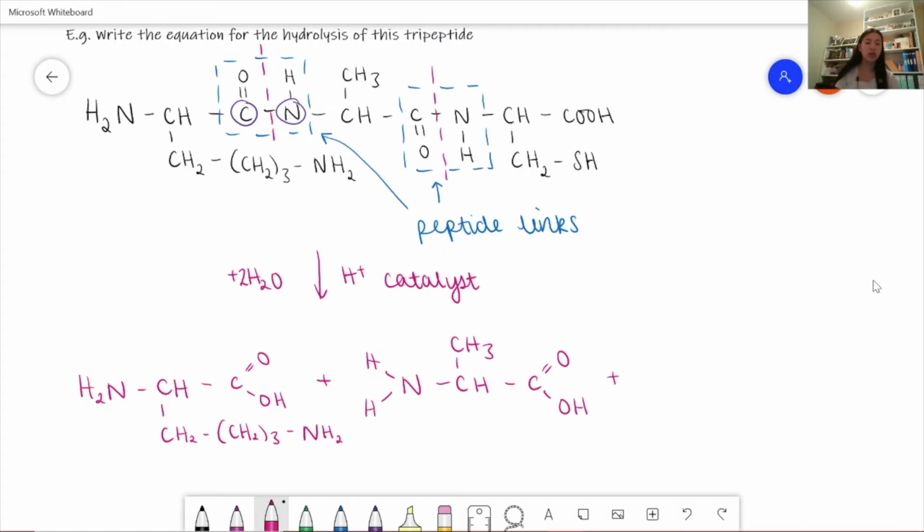And then for the last one, we just add the H plus back onto this nitrogen. And so you get NH2CH, and then we have CH2SH, and then this carboxylic acid group here. So these are all our amino acids that we form after the hydrolysis of this tripeptide.